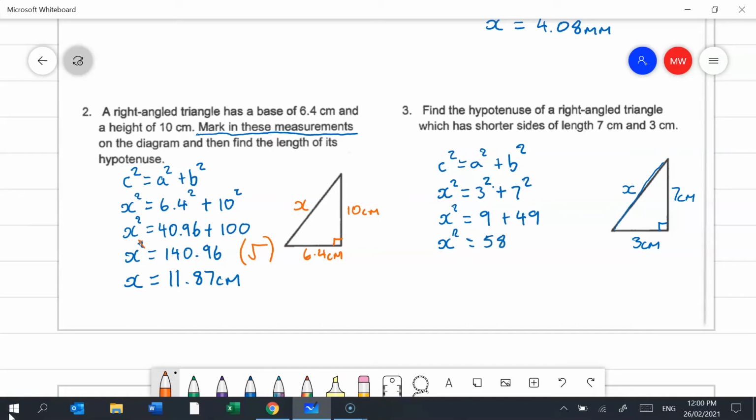I'm going to switch over to the balance method and square root both sides to get rid of that squared. And so now I've got x on the left and the square root of 58, which is 7.62 centimeters, not forgetting our units.